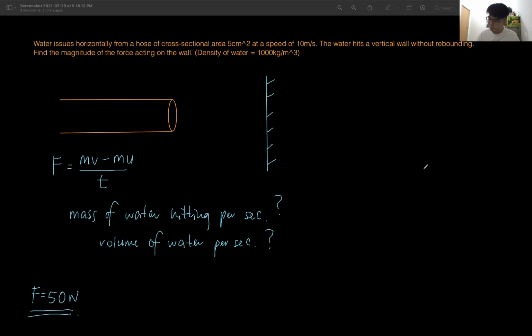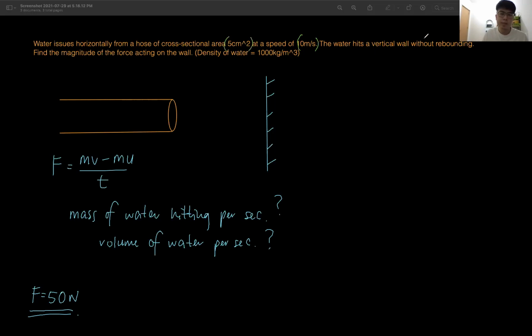Anyone got the answer? Okay, water issues horizontally from a hose of cross-sectional area 5 cm squared at a speed of 10 meters per second.